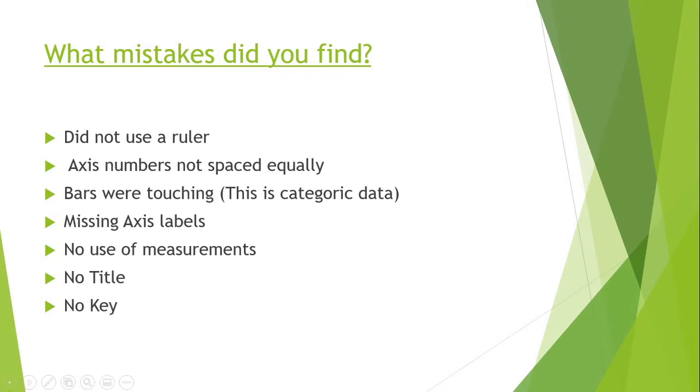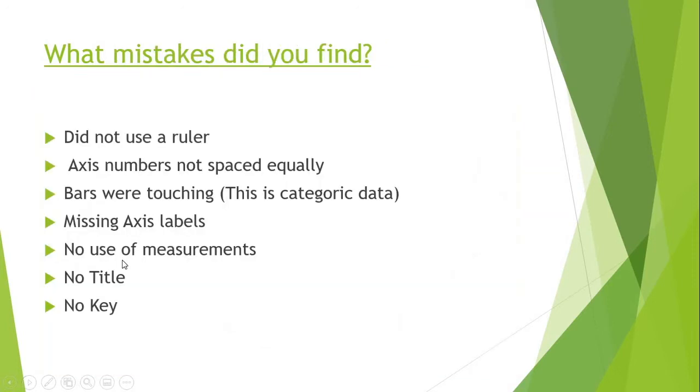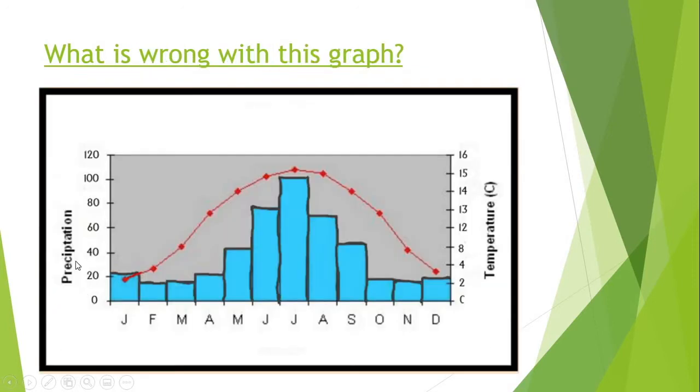Missing axis labels. At the bottom, you can see we've got letters. If no one puts the word months under here, this could just be a random jumble of letters. No use of measurements. They've labelled precipitation, which is our fancy geographical word for rainfall, but they haven't given me the units.